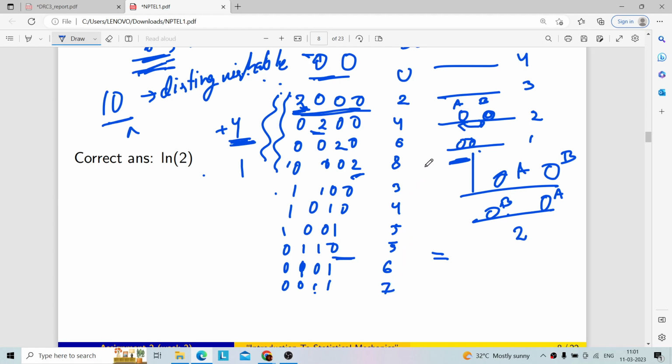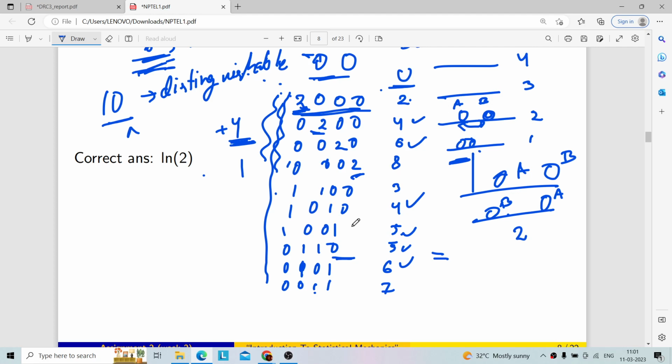So I have configurations like this, and I have total internal energy distributed like this. So I can see there are two 5s, two 6s, two 4s.